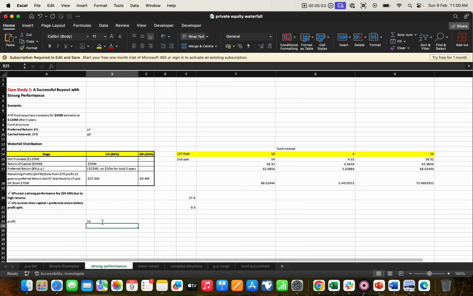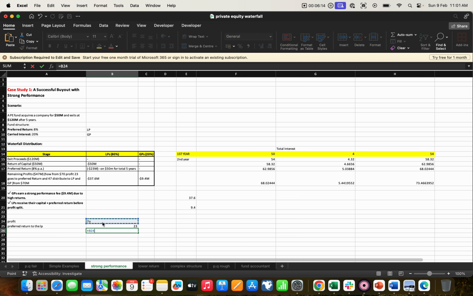Out of 70 million, 23 million has gone as a preferred return to the LP. Then the remaining balance is 47 million.